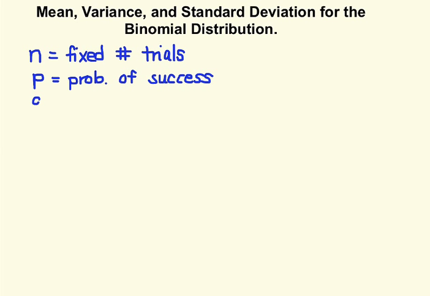And Q is also a constant. That is the probability of not getting a success, or of getting a failure in any given trial. And it's important to remember that Q is equal to 1, or 100%, minus the probability of a success. 1 minus P is Q. So keep that in mind.